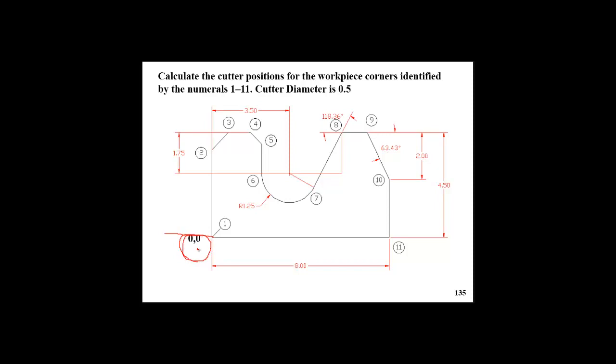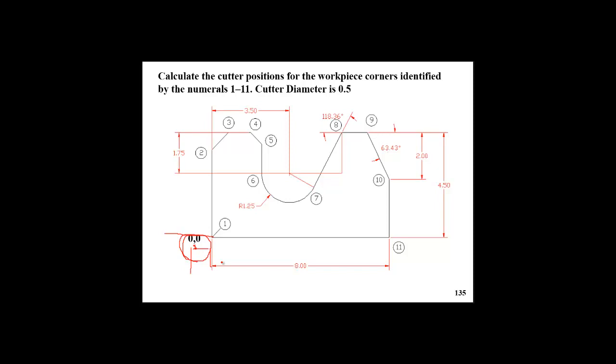This is the center of the cutter. What is required is to find how to shift the center of the cutter from point number 1 to avoid wrong cut in the workpiece. For that point, it is very simple. The shift here in the x direction will be the same as in the y direction. It will be the radius of the cutter.